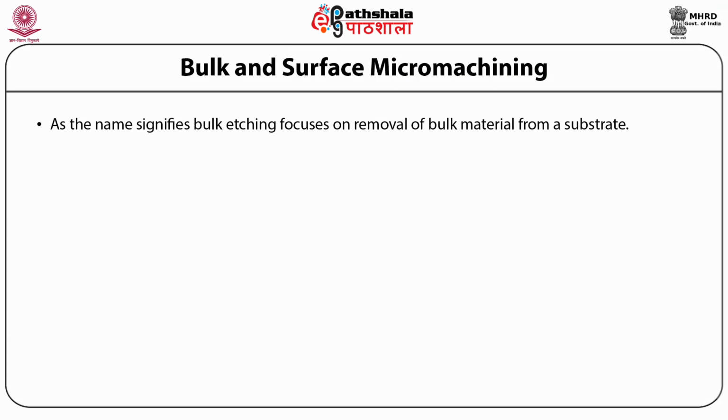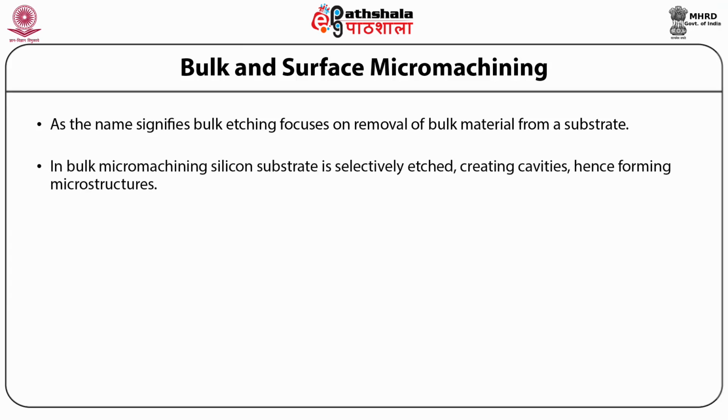As the name signifies, bulk etching focuses on removal of bulk material from a substrate. In bulk micromachining, the silicon substrate is selectively etched, creating cavities and hence forming microstructures.